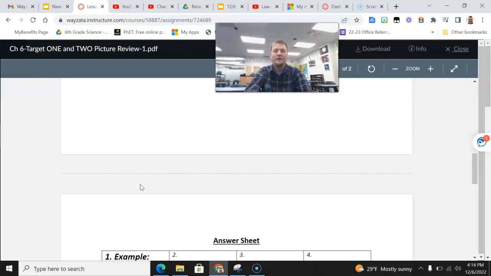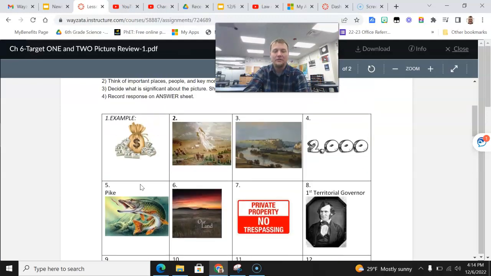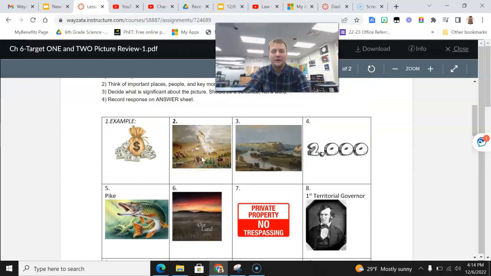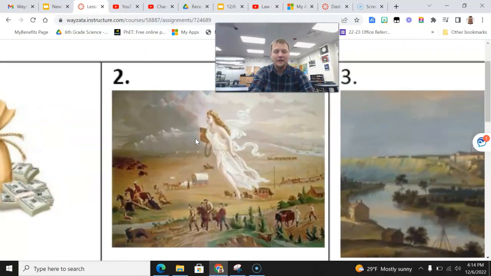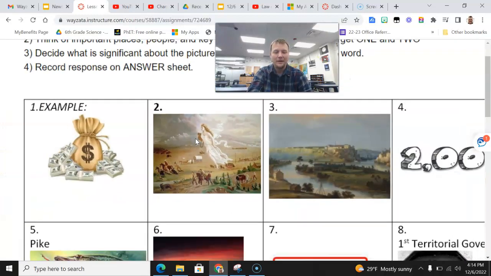Don't worry right now about whether it's correct or incorrect. The whole idea here is for you to reflect on what your answer might be. Then number two, you'd move on and look at this image, and on your iPad you can zoom in a little closer and then back out however you need.